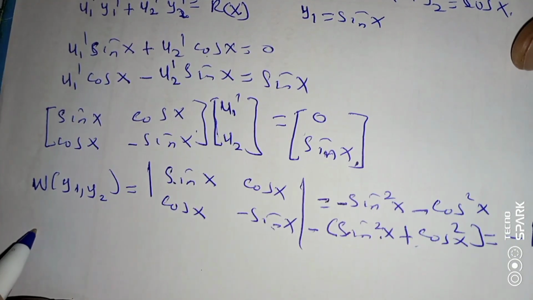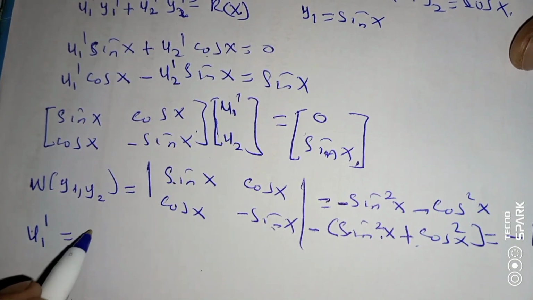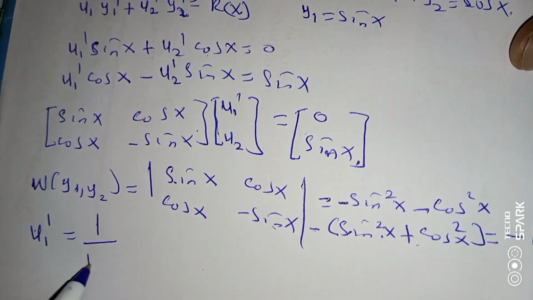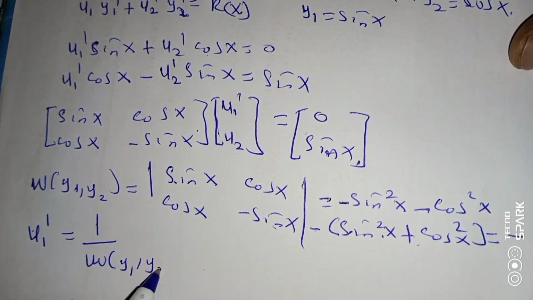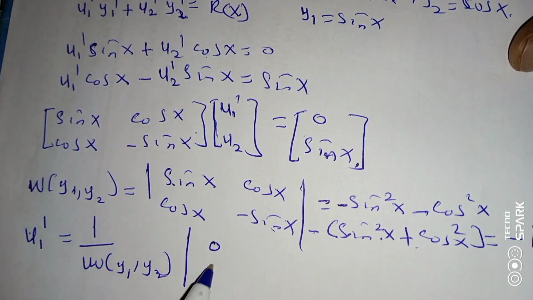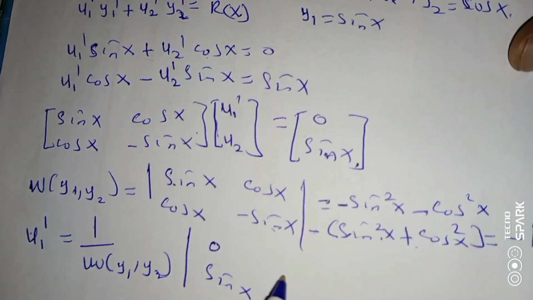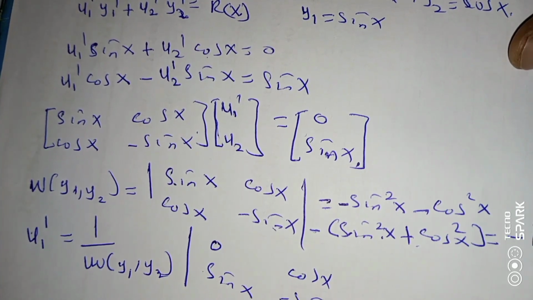Then you obtain u1 prime, which is given by 1 over the Wronskian of y1, y2, times the determinant of 0, sine of x; cos of x, negative sine of x.